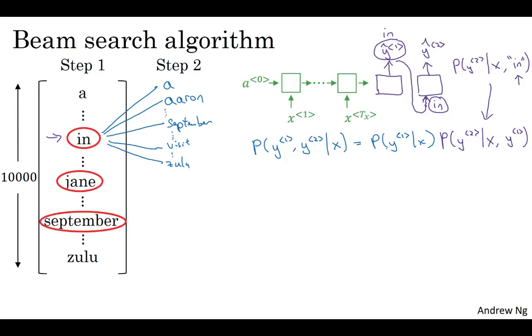And so if for each of the 3 words you've chosen, in, Jane, and September, you save away this probability, then you can multiply them by this second probability to get the probability of the first and second words.